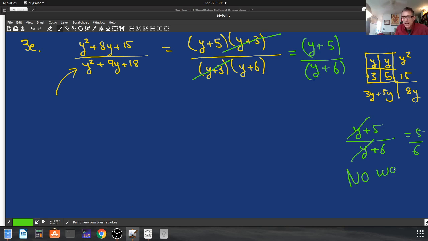No way. You can figure out how wrong that is by just doing something like 2 plus 2 divided by 2 minus 1. Well, if I cancel out the 2's, my answer is going to be minus 2. Instead, if I do it the right way, 2 plus 2 is equal to 4. 2 minus 1 is 1.